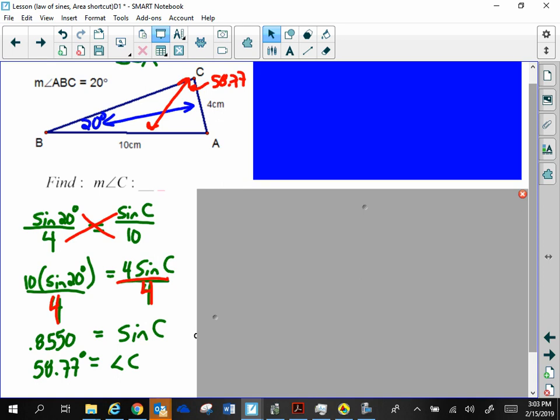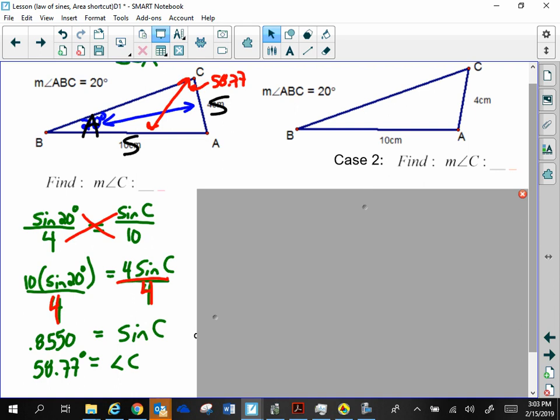Well, what I'm going to show you is the problem if I have this angle, this side, and this side all the same: I can actually make this first triangle you see right here acute, or I can come over here and make an obtuse triangle. You can see I still have the same length of 10, I still have a 20 degree angle, but this triangle is obtuse, with an obtuse angle.